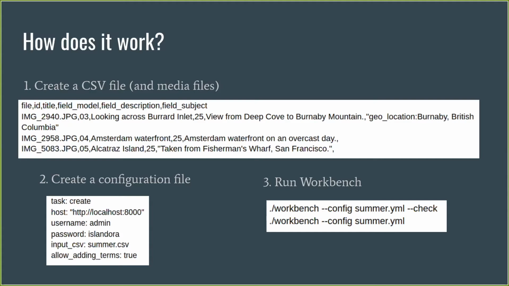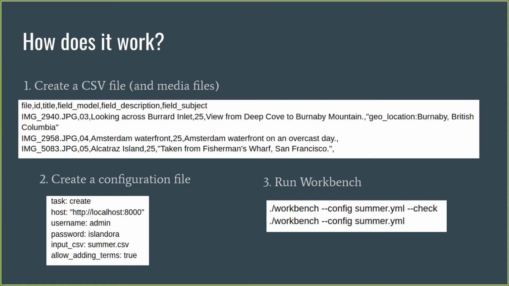Second step is to create a configuration file. The only required settings in this configuration file are task, host, username, and password. Everything else is optional, because Workbench gives you defaults. In the case of my little configuration file here, depicted under the number 2 step, I'm not using the standard CSV file name.